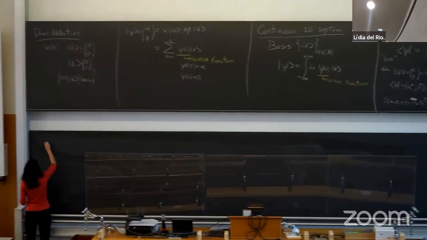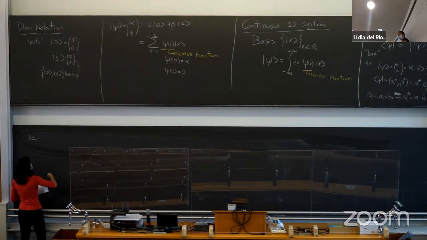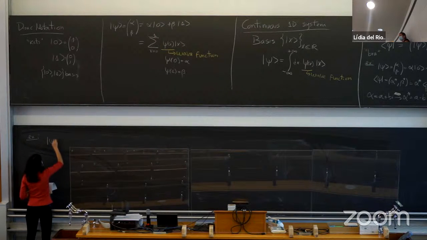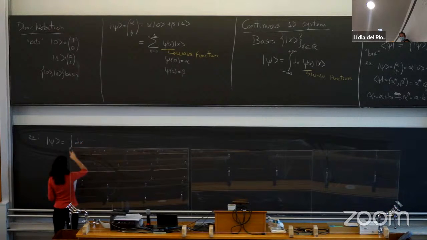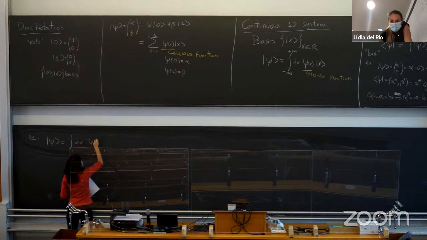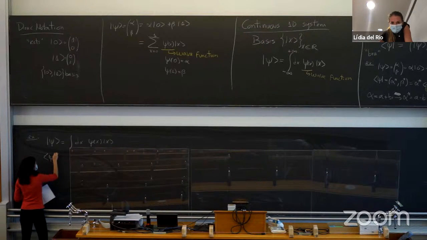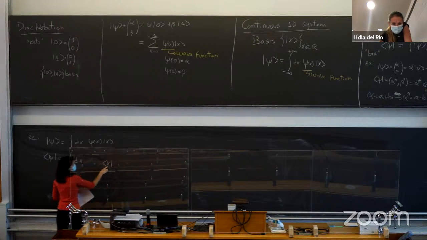So again, the example in the continuous case, if you had some other state psi that was the integral, I'll just omit the limits, but it's always from -infinity to +infinity in this case. Then when you have the bra, it's just going to be the integral dx here, the bra for the basis element, and here this complex number gets conjugated, right?